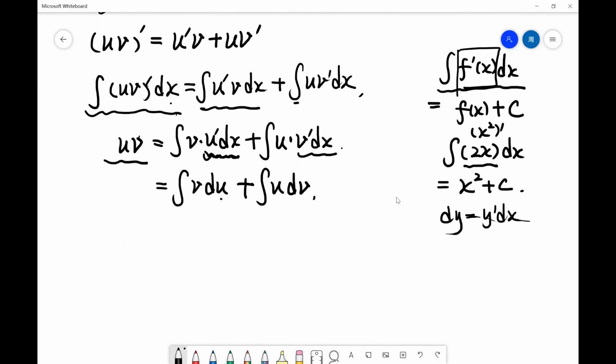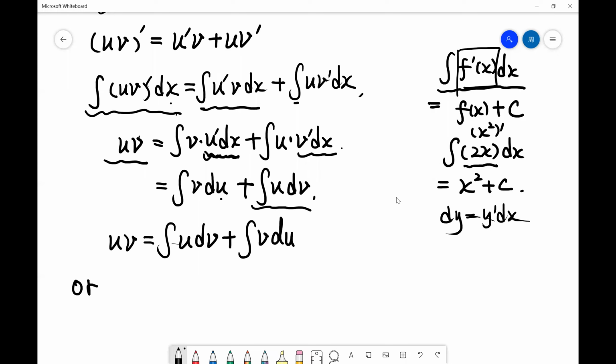Then we have got the formula for integration by parts. That is uv equals, we first write this part, the integral of u dv plus the integral of v du. And here is another way to write it. We leave u dv on the left.